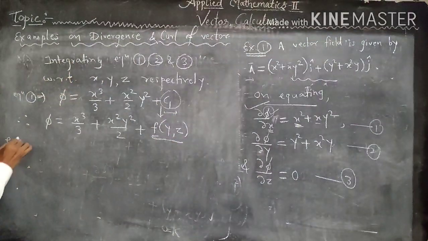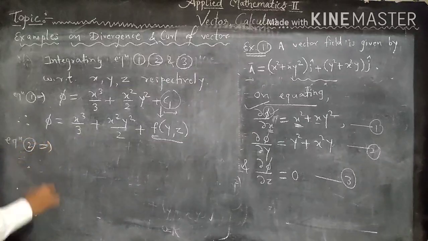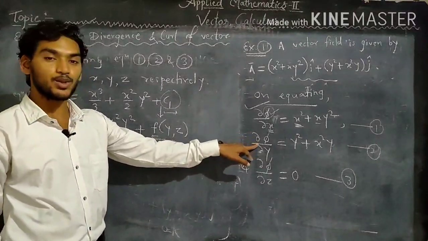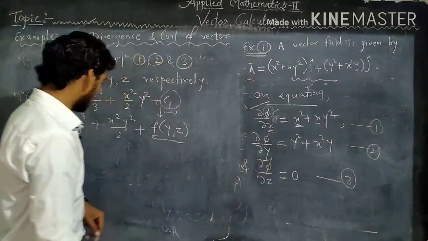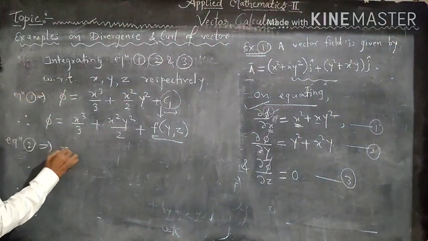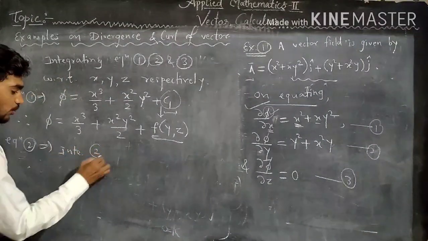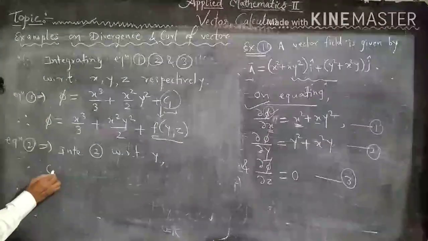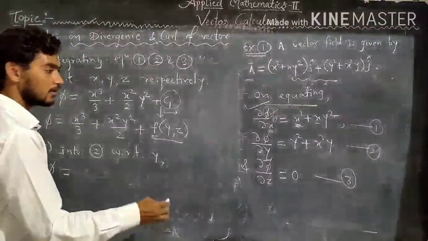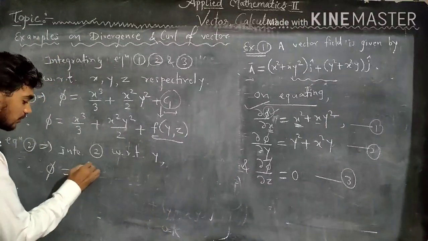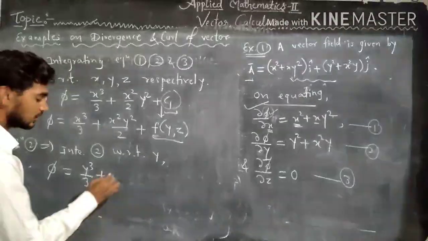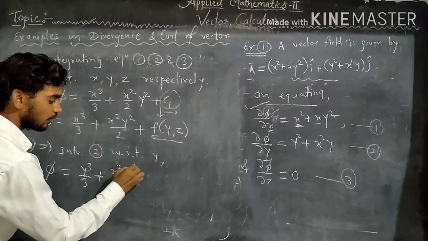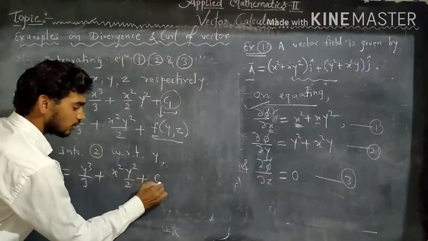Now equation 2 implies, integrate equation 2 with respect to y. So integrate 2 with respect to y. We will get phi equal to, now it is y cube by 3 plus x square constant y square by 2 plus constant c2.